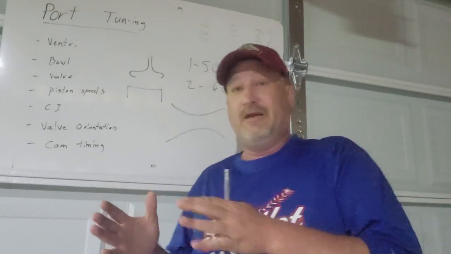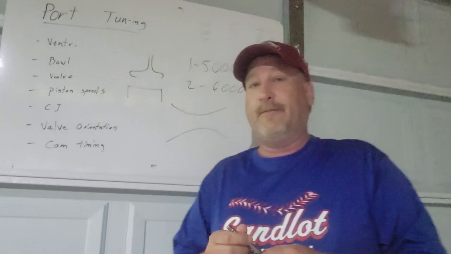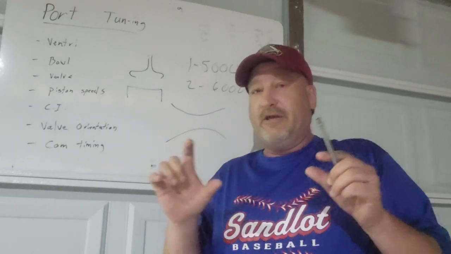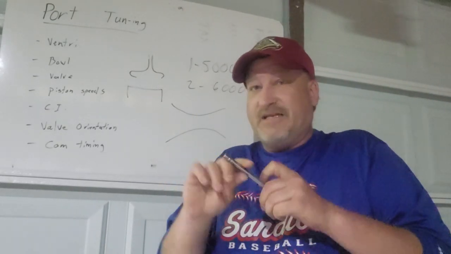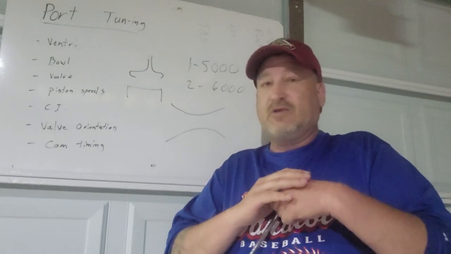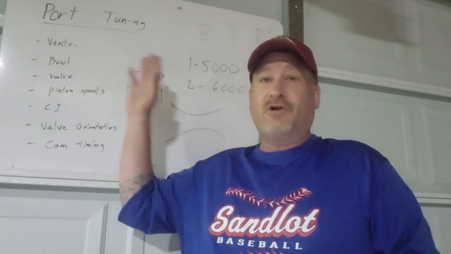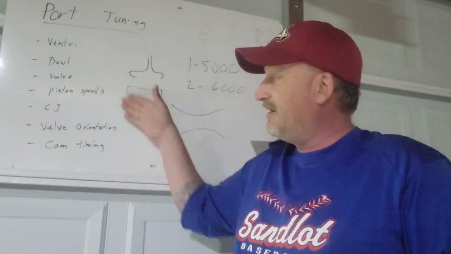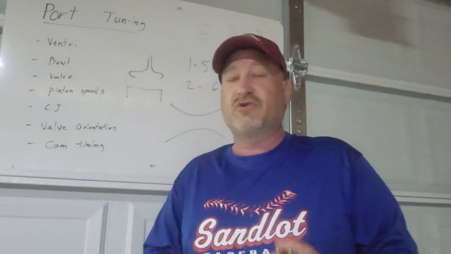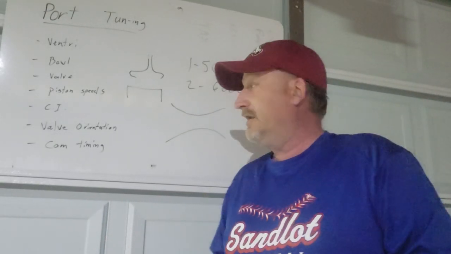So again, engines from the factory are designed in that 1 to maybe 5,000 RPM range. Once you manipulate or change even one aspect, even one component of the engine, it takes a totally different ratio to figure out exactly the proper port tuning. And this entire list contributes to when a port reaches its most efficient point.